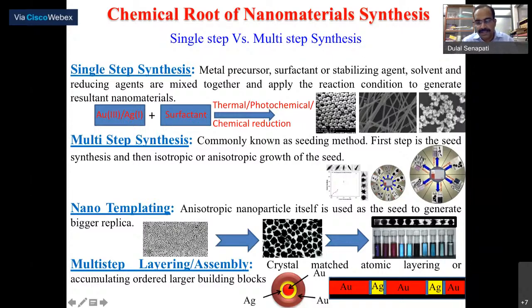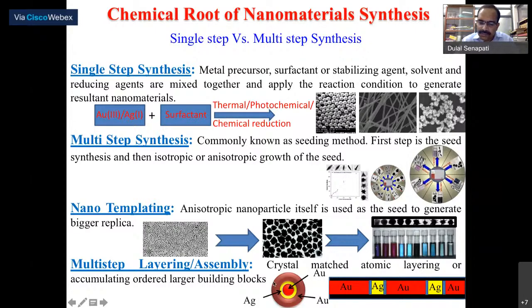Instead of three steps, we can use several steps. Here it's very simple: the core is gold, and using this gold core as the seed, we can put a layer of silver. Then again use that as a seed to make another layer of gold.